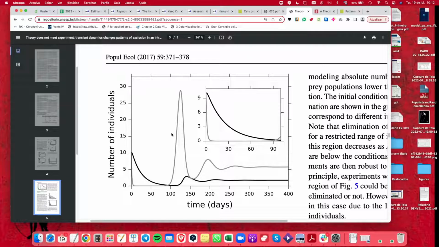Okay, so we introduced an artificial threshold for which we put 1 individual. Okay, so if the transient has values that get below 1 individual, we say this is elimination. This is a little bit arbitrary, you could say, but with 1 individual, maybe that's okay. You could say the stochastic effects with small population, even with 1 individual, could not be enough to survive.